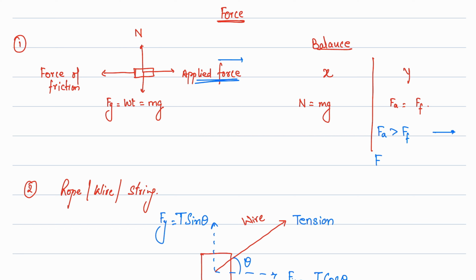I can say applied force minus force of friction equals net force, F net. And what is F net? Always remember, F net is mass times acceleration. This is the simplest thing. You need to just focus, and like this you need to solve your questions.